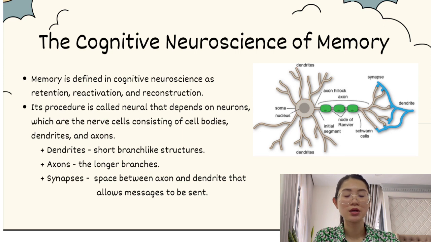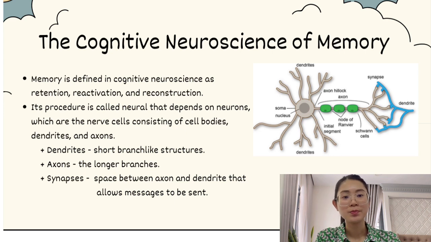Its procedure depends on neurons, which are nerve cells consisting of cell bodies, dendrites, and axons. Dendrites are the short branch-like structures that collect information and messages from other neurons and pass them to axons, which are the longer branches that transmit messages to other neurons.